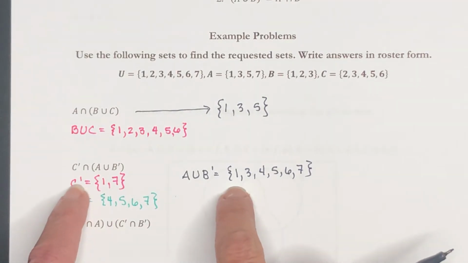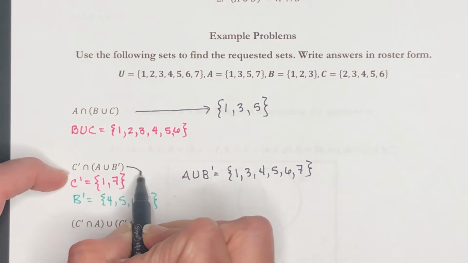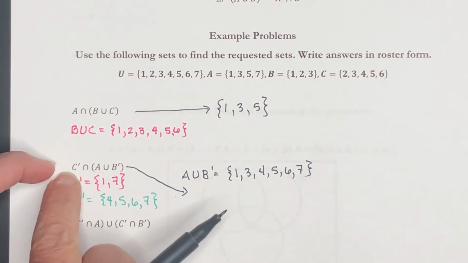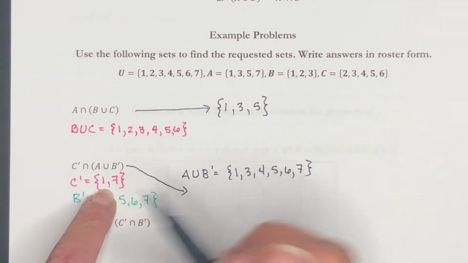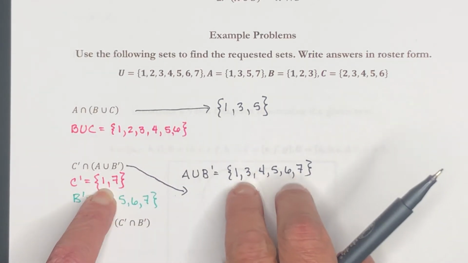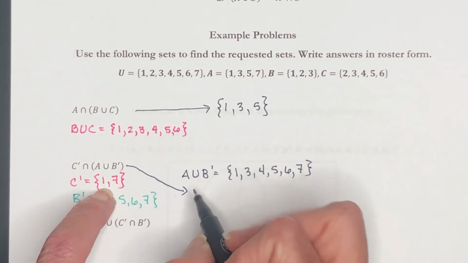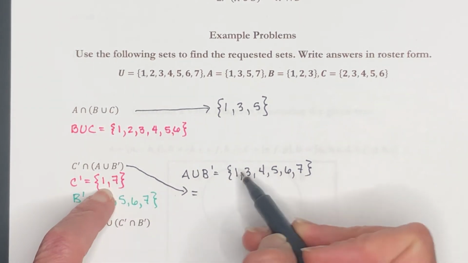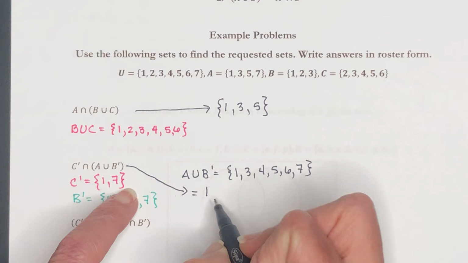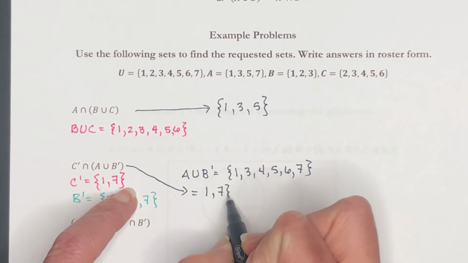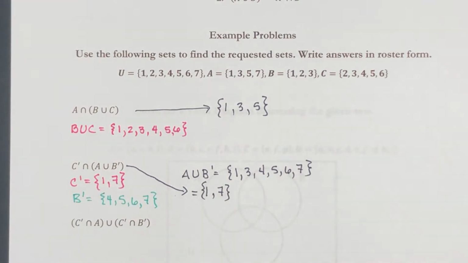Now for the very last bit, so we finally get our answer right here, we are going to take C complement, which is here, and intersect that with this set right here. So what do these have in common? Well, our overall answer here, there's a 1 in common and there's a 7 in common. So the set 1, 7 is your final answer there.